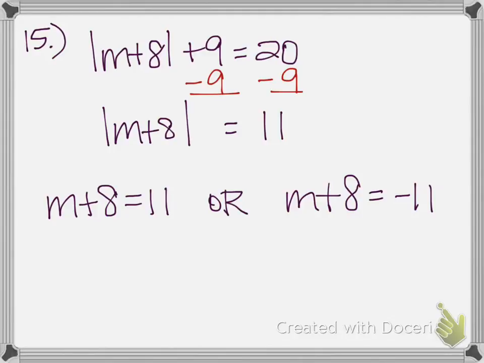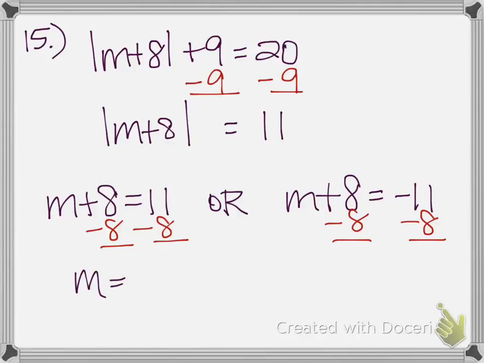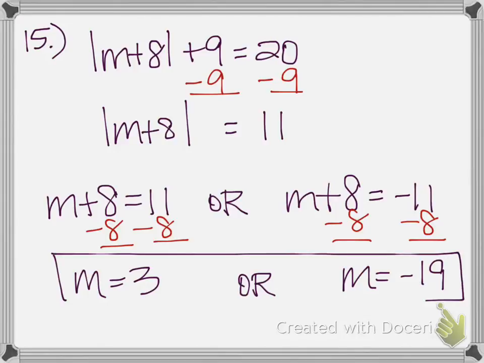On both of them, I just have to subtract 8 from both sides. And that's going to give me 3 or negative 19. So I have 2 answers.